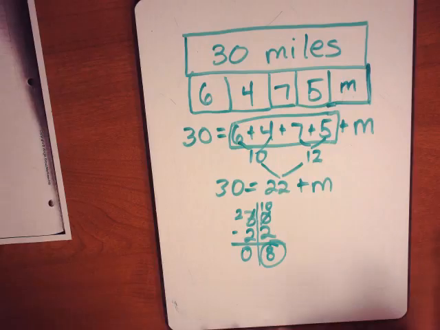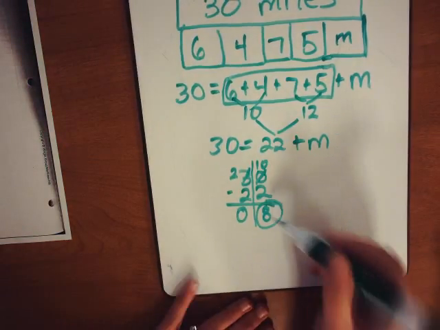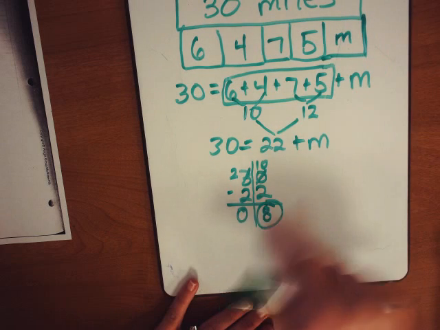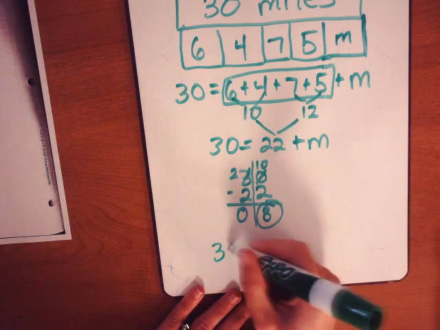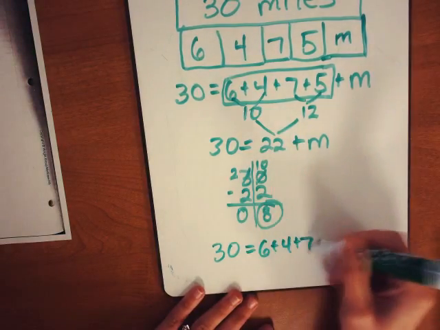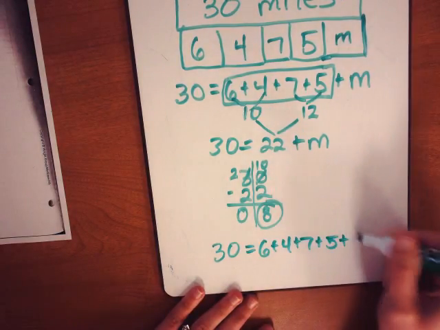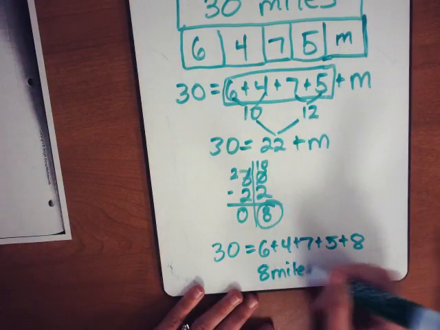Good, good, good. Last thing you need to do then is write your number sentence with the answer here, with the number that stood for that M. So I had 30 equals 6 plus 4 plus 7 plus 5 plus 8. 8 miles left.